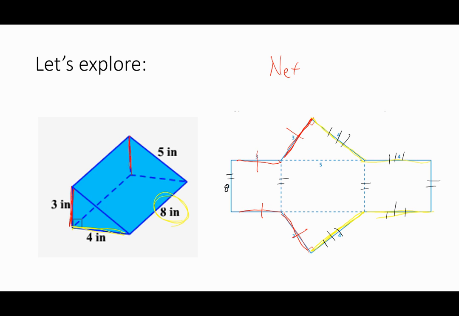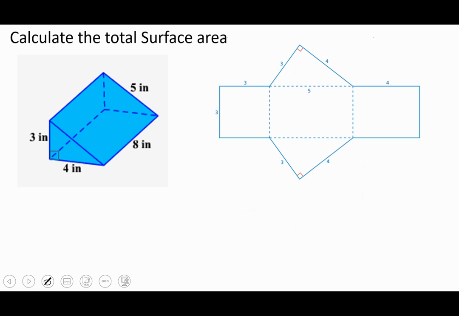Now we can separate this and open it up as a net. A triangular prism will always have 2 triangles on the top and the bottom, and it'll have 3 rectangles in the middle. So how do we calculate the area? In here we have, this should be an 8. So in here we have our values to find this.